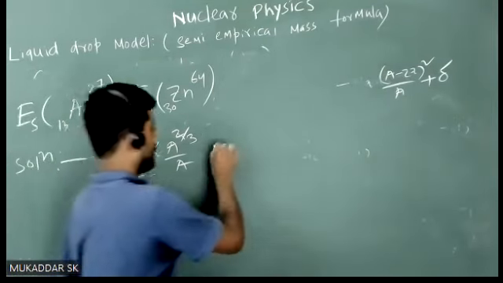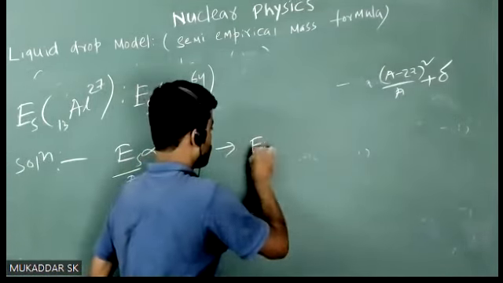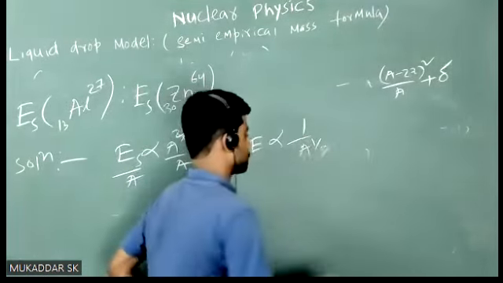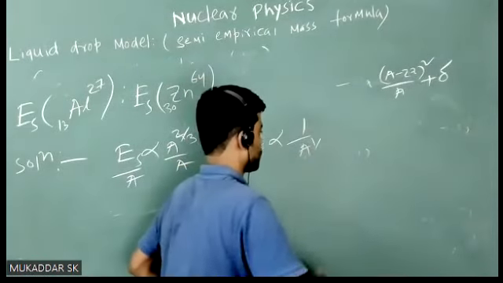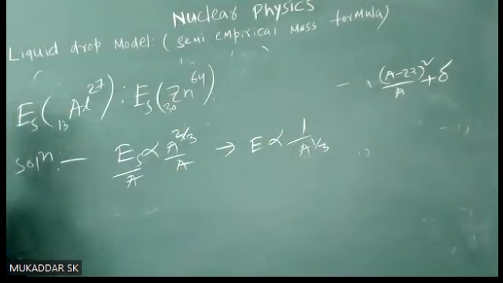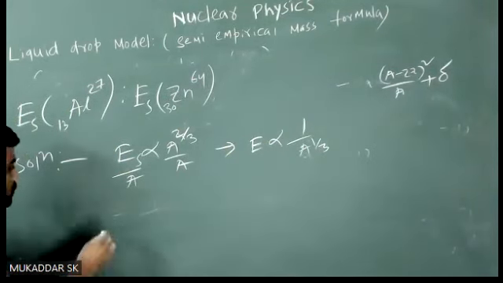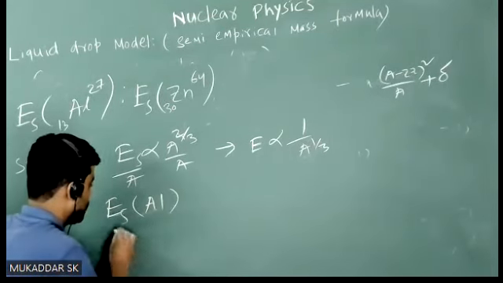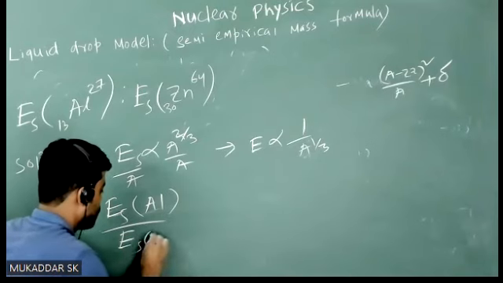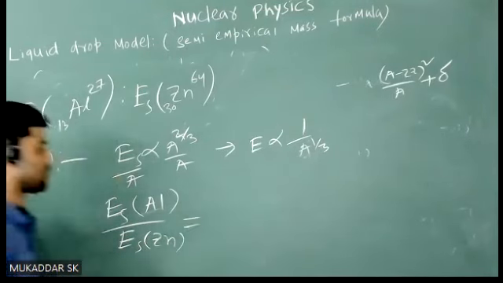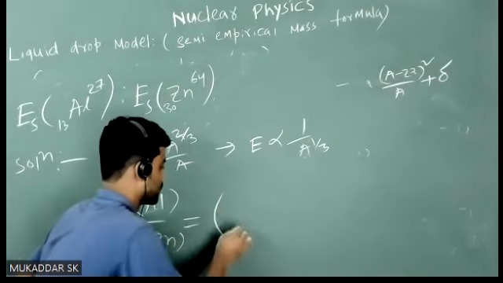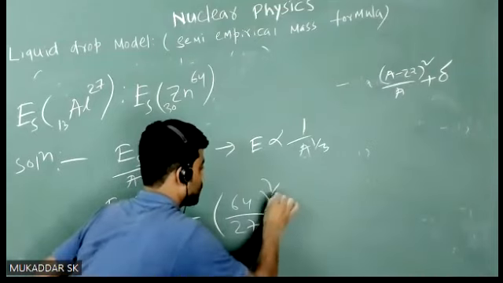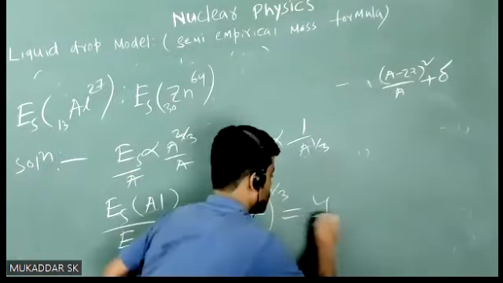So at the end you will get that E_S is inversely proportional to A^(1/3). So E_S of aluminium divided by E_S of zinc will be the ratio of the mass numbers, 64 divided by 27, to the power 1/3, and that is nothing but 4/3.